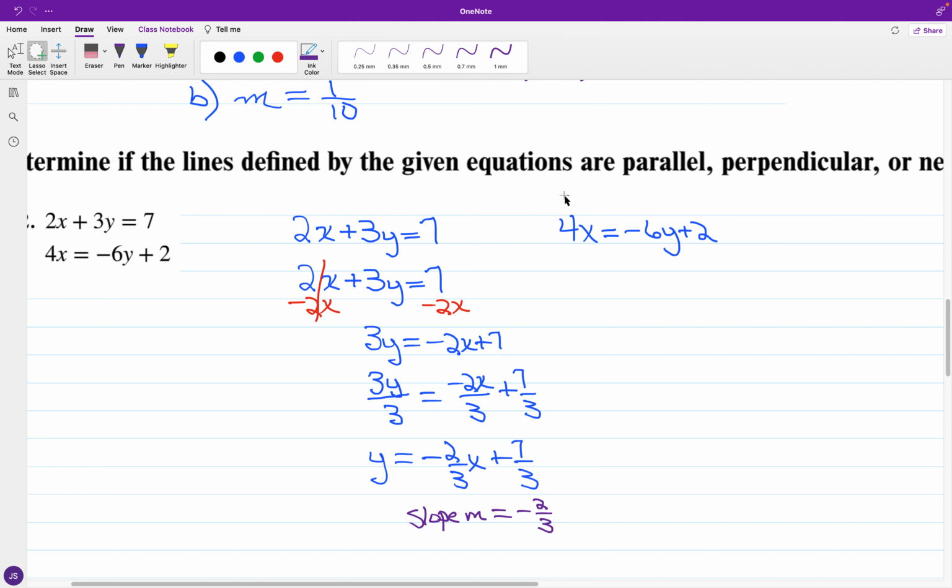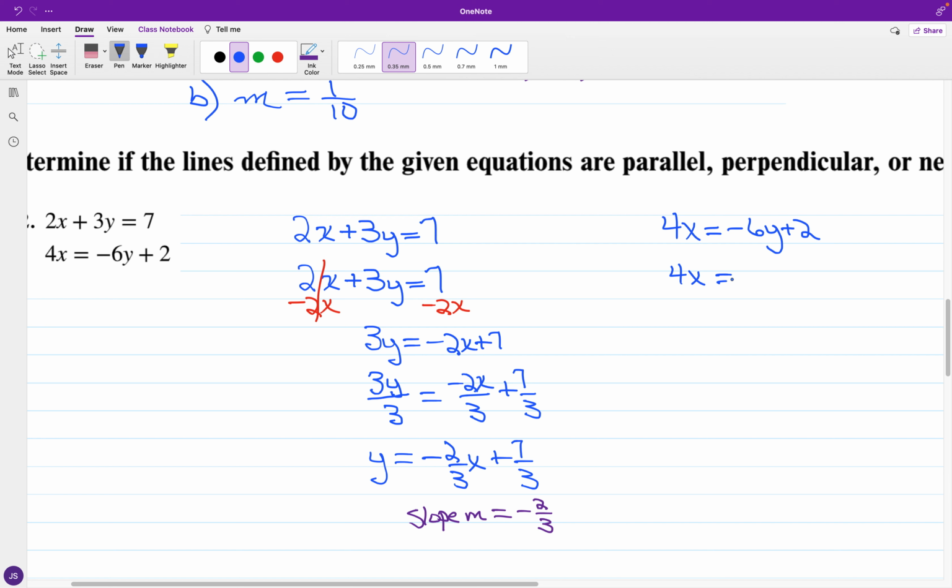Now, looking to see how this sizes up with respect to the second line. Now we have this in the form of 4x is equal to -6y plus 2. And just like the first equation, I want to express what I have here in terms of the slope-intercept form.